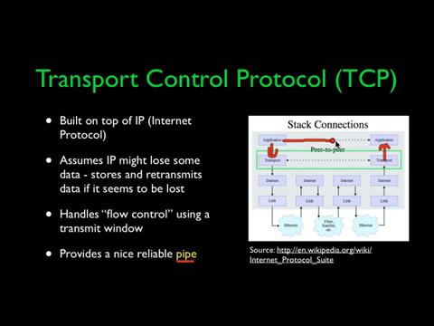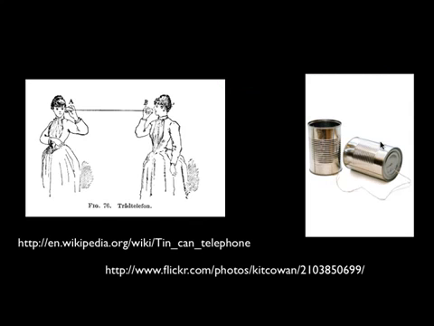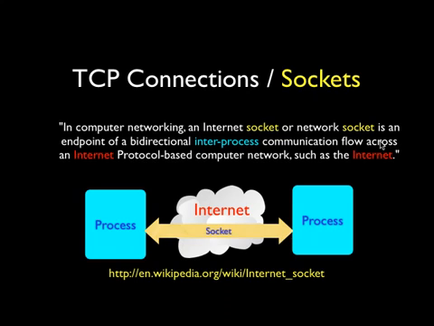We've got this pipe, so we can ignore everything else and just talk application to application. We're going to write one of these applications, and we're going to talk to a web server as the other application on the other end. This is basically an end-to-end connection where we can ignore the details of what's going on inside.